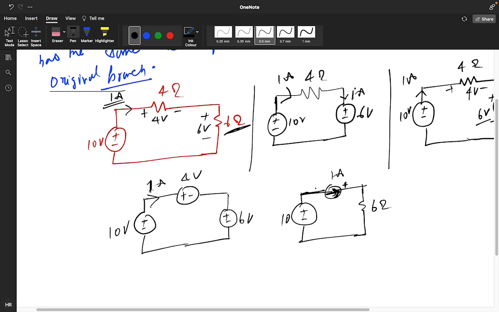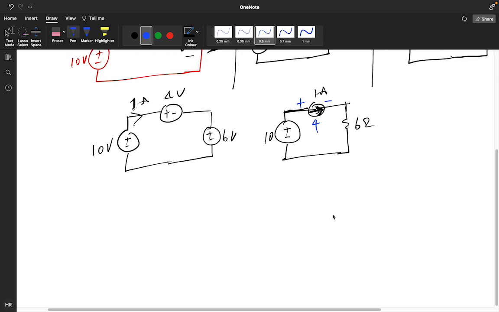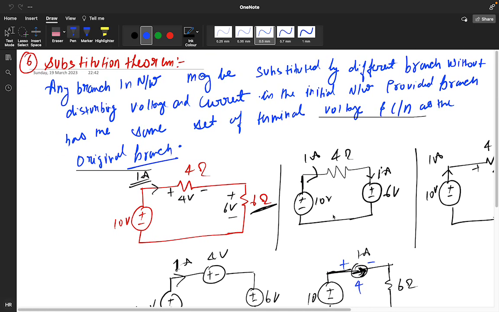If you are assuming positive negative here, you have to assume minus 4 volt. Or you can assume positive or negative 4 volt directly. It's up to you. Okay, guys, is this clear, Prasanna? Yeah. So this was the substitution theorem.